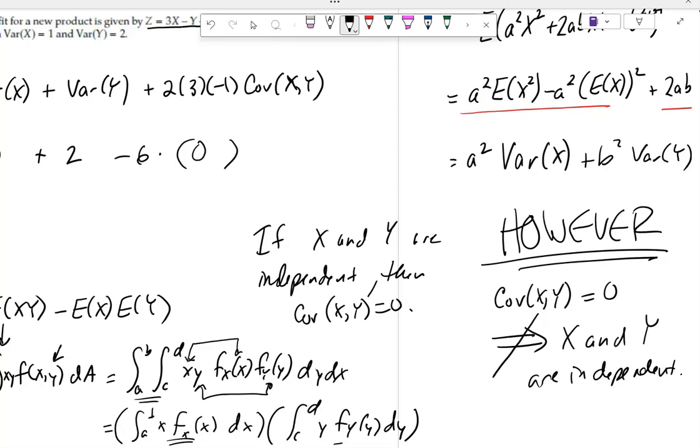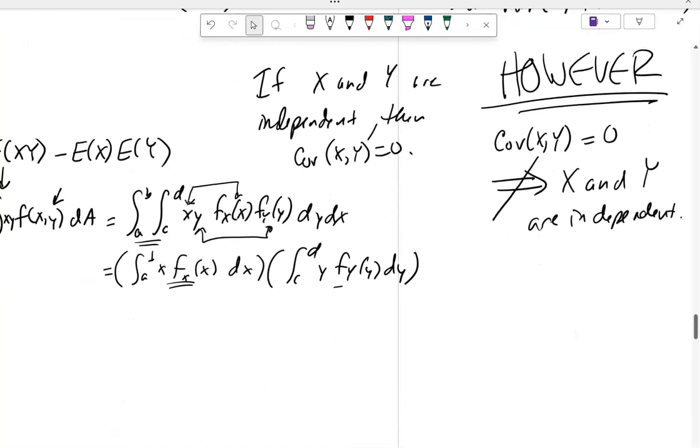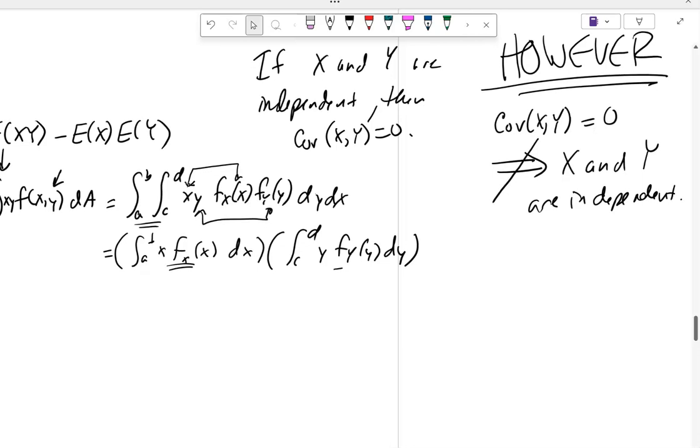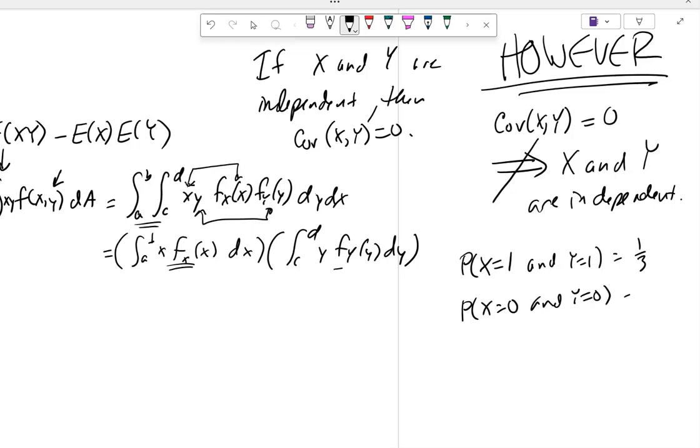You might have something that's in a nice perfect quadratic relationship, and your covariance will be 0. To give you a simple example, maybe the probability that x equals 1 and y equals 1 is a third. The probability that x equals 0 and y equals 0 is a third.